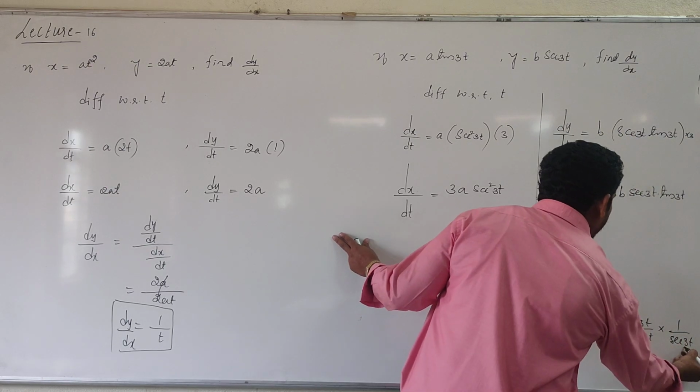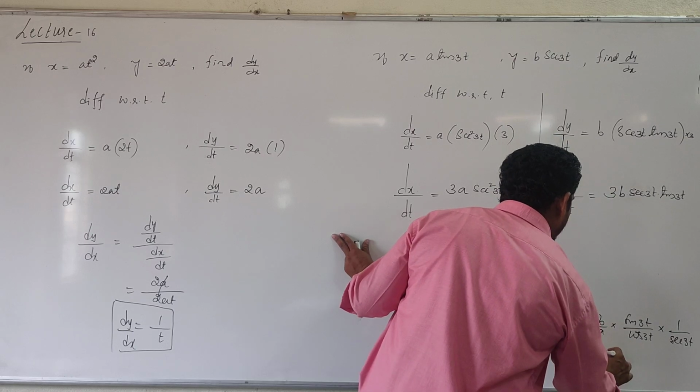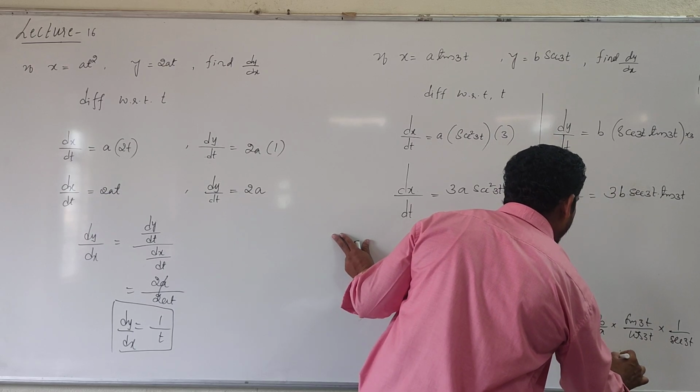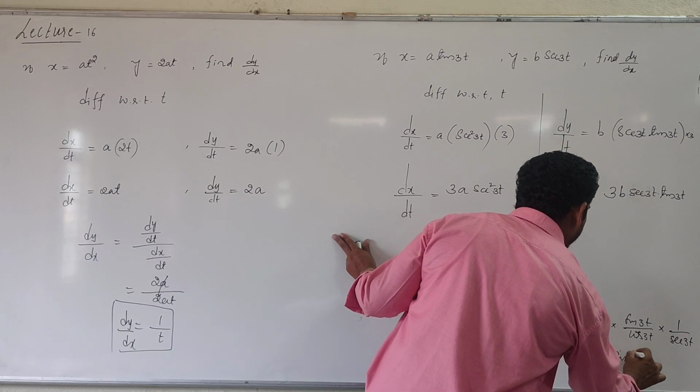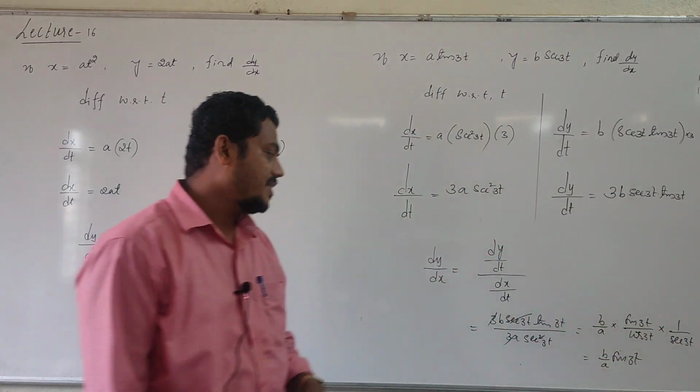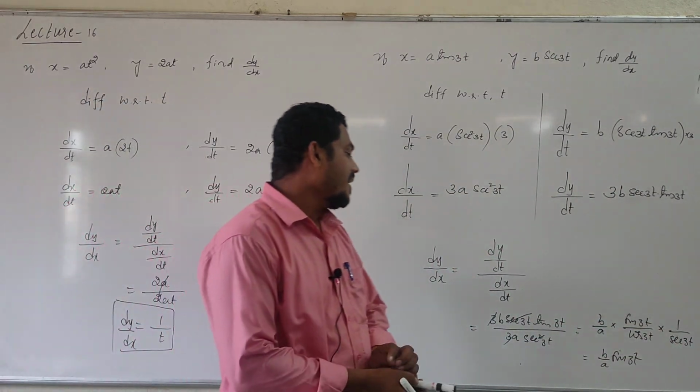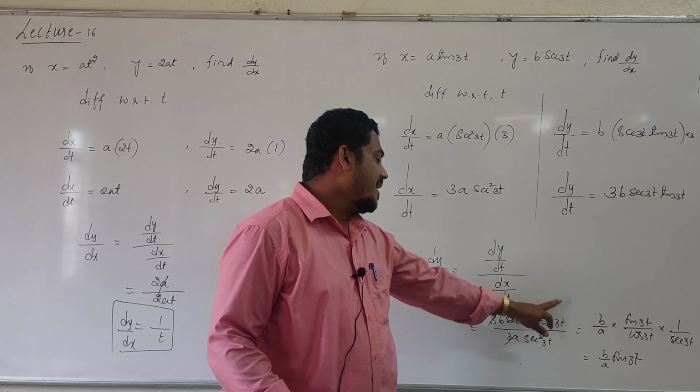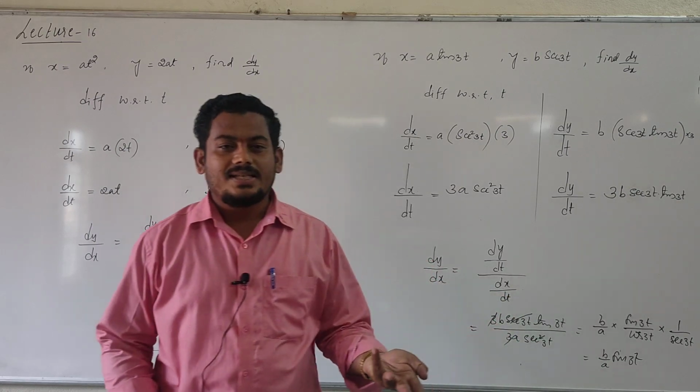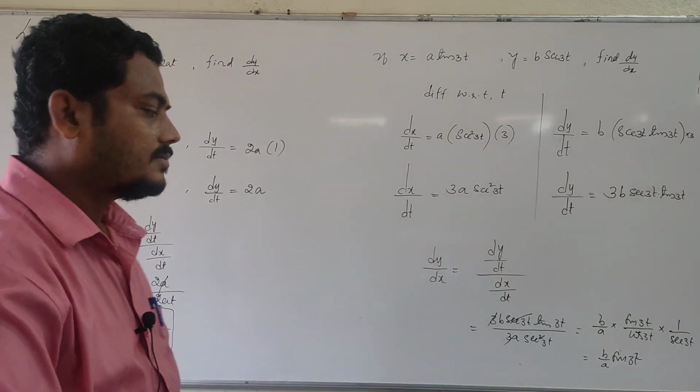Then cos into secant, it will divide only. So dy by dx is b by a sin 3t. This is our required differentiation. Otherwise you can write b by a tan 3t divided by secant 3t. That's all.